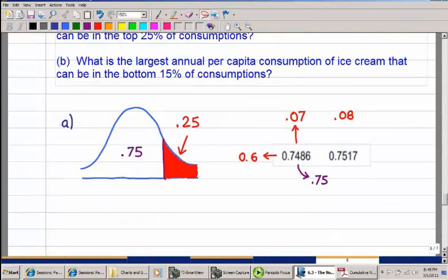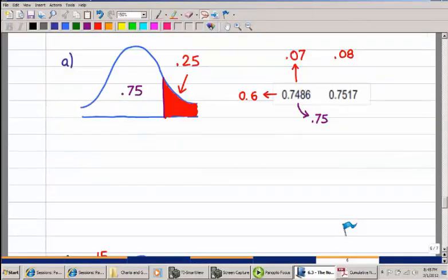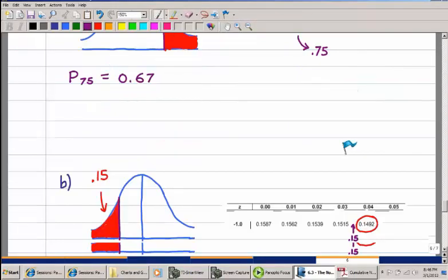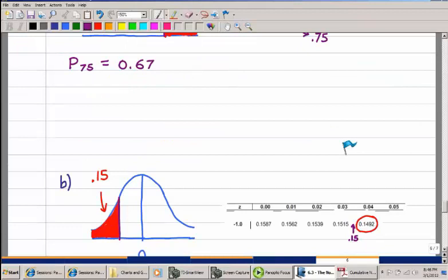So from the table, you see I've got the two values highlighted there, 7486 and 7517. So the 7486 is closer. So that means the z for P75 equals 0.67, which I can then put into my formula.